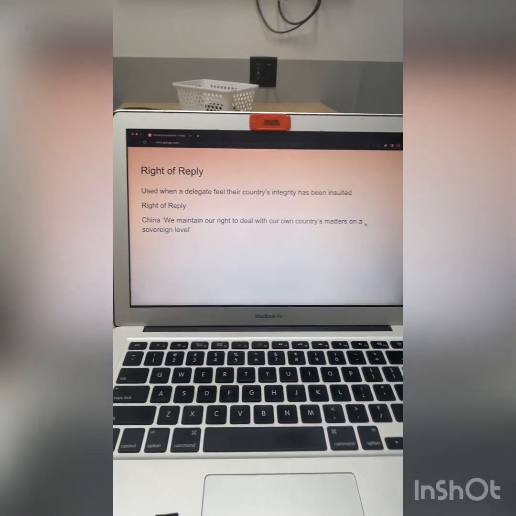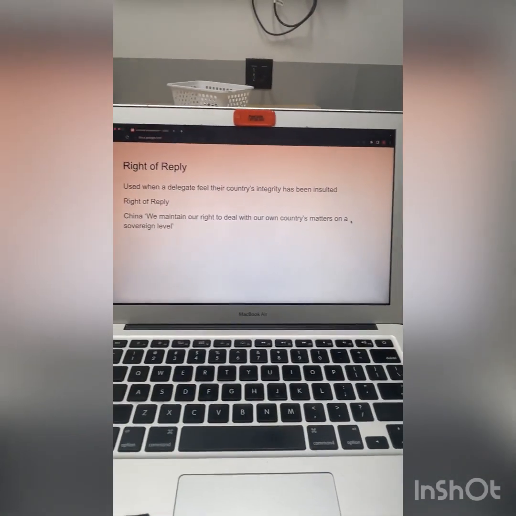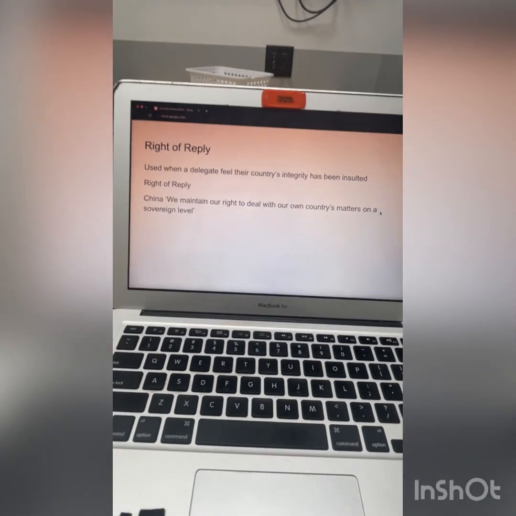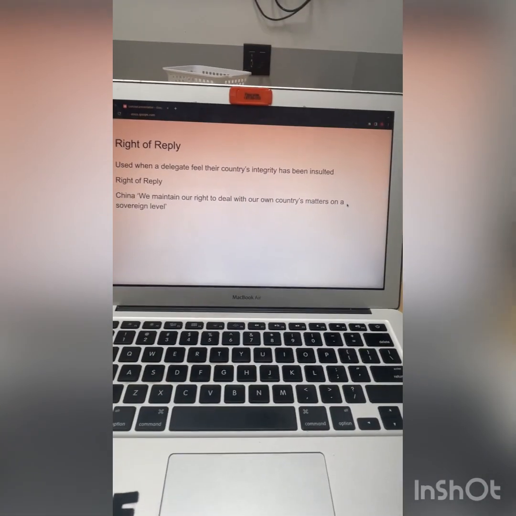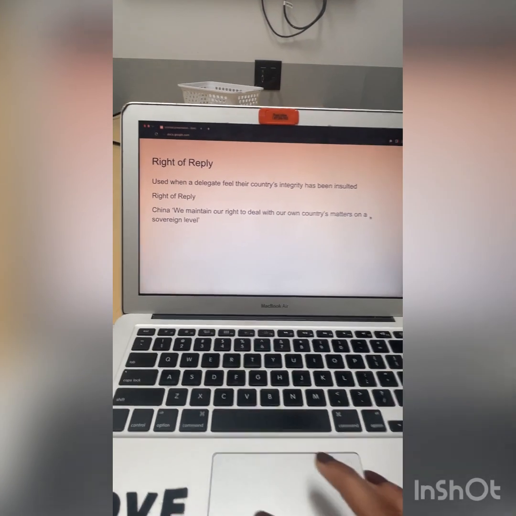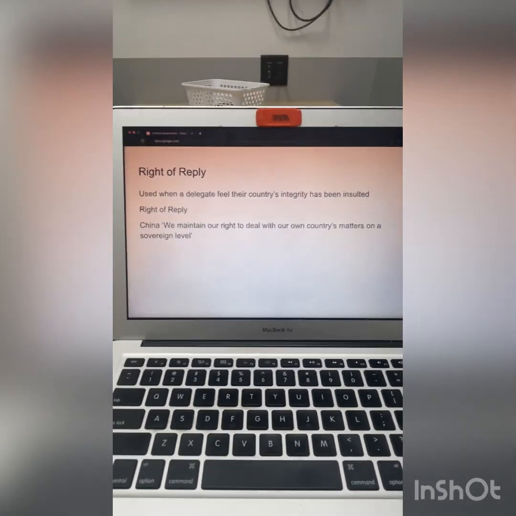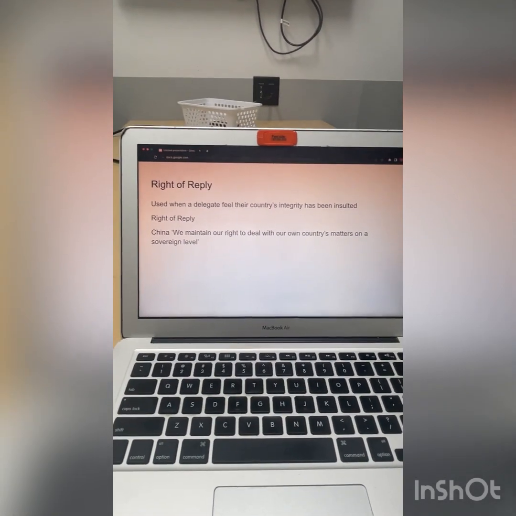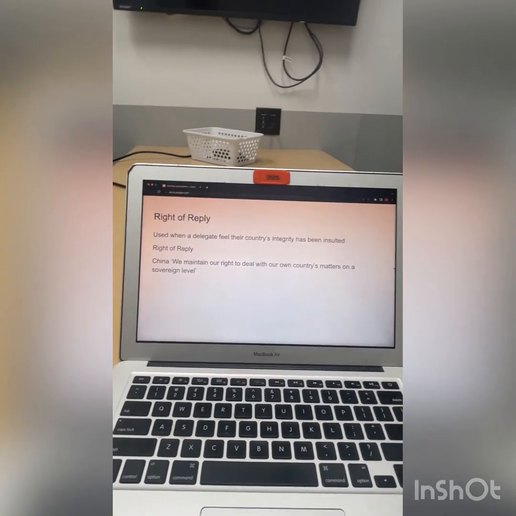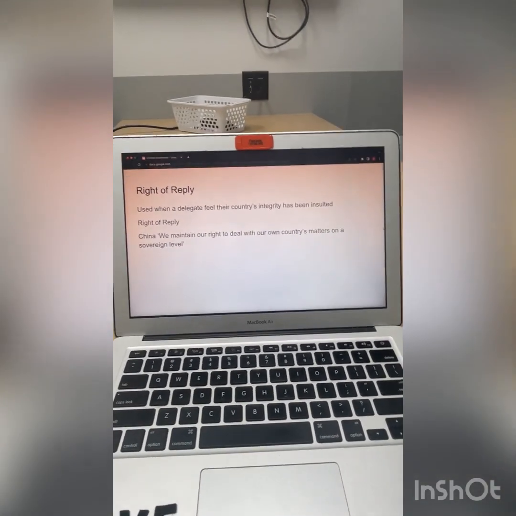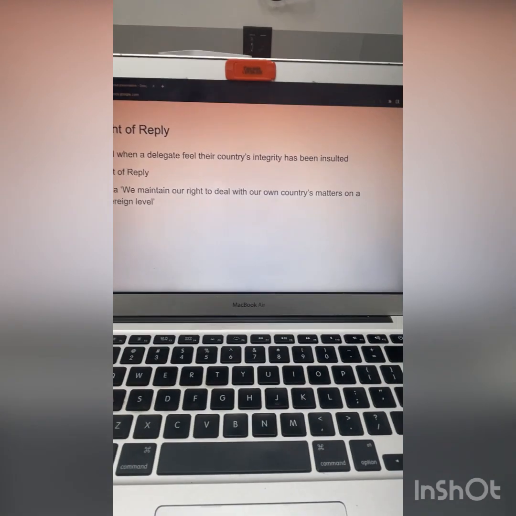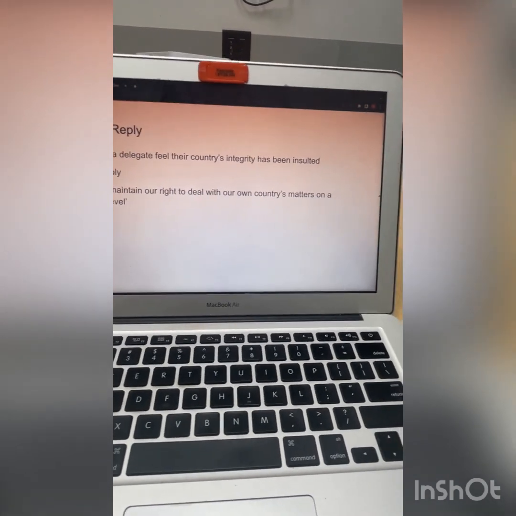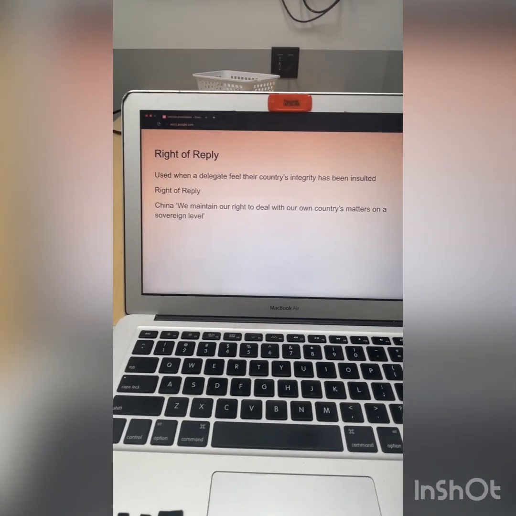So when your delegation feels like your country's integrity has been insulted, you can use a right of reply. So for example, China would say, we maintain our right to deal with our own country's matters on a sovereign level, when someone else tries to call them out for how they're dealing with a certain situation, such as businesses, and they think they're unethical.